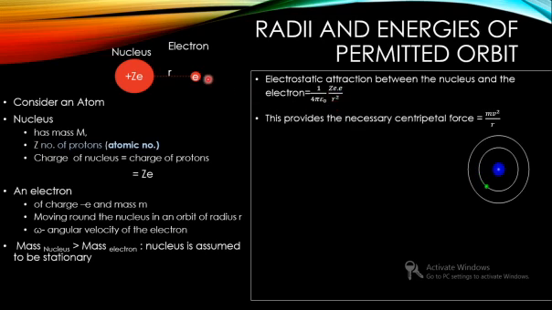This electrostatic force between the nucleus and the electron will give the necessary centripetal force to revolve around the nucleus, and the centripetal force is given by mv square by r.